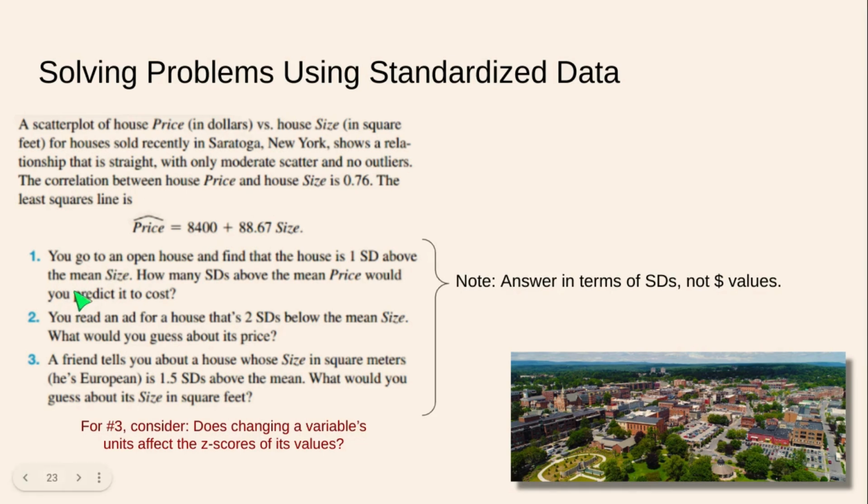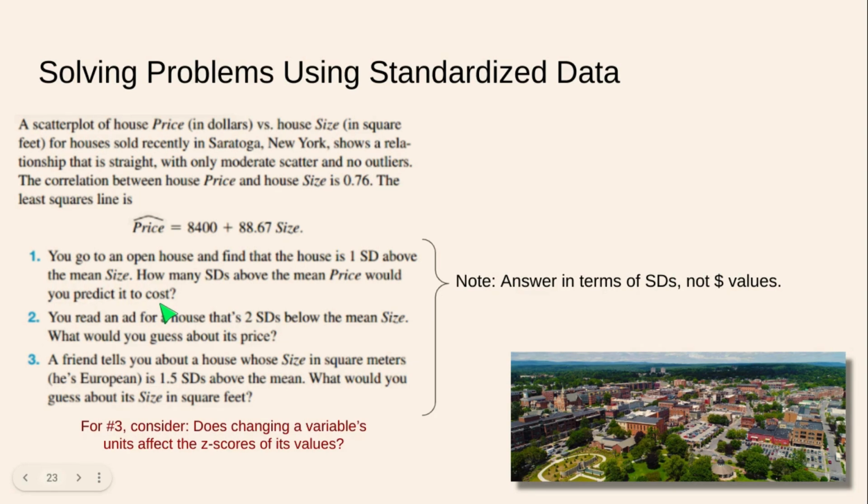So you go to an open house and you find that the house is 1 standard deviation above the mean size. Note, our units for house size here are actually not square feet. They're standard deviations, and that tells me I'm working with standardized data. How many standard deviations above the mean price would you predict it to cost? Okay.